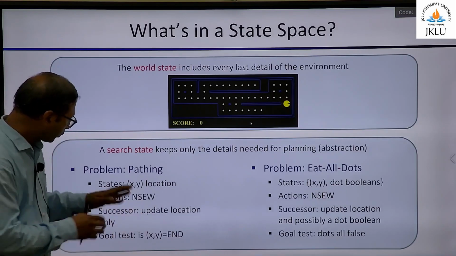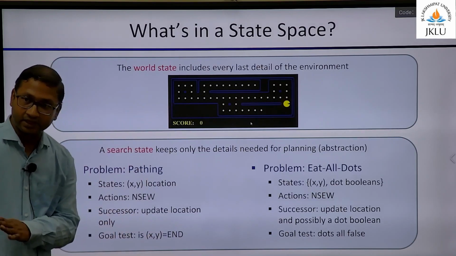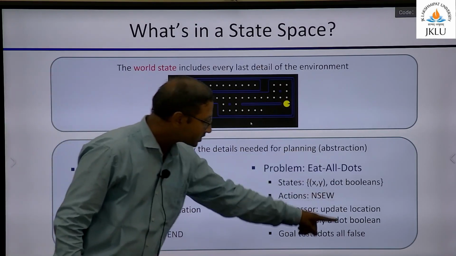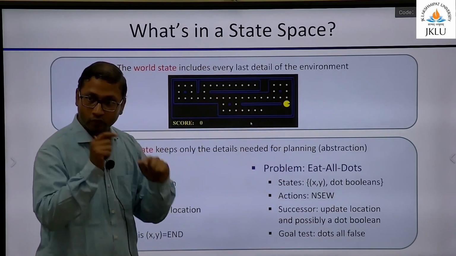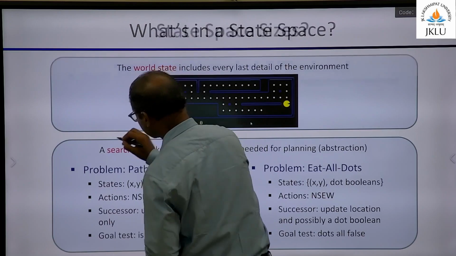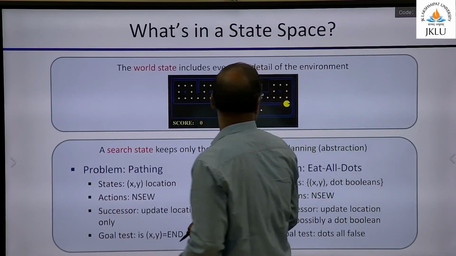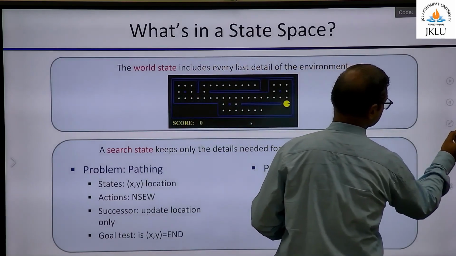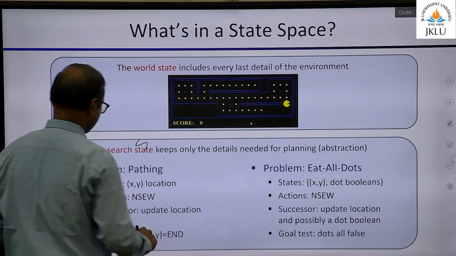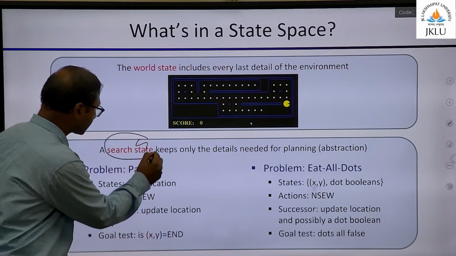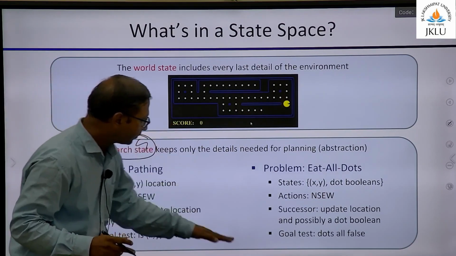You are going from some given state, some given position, to some other given position, right? In this case, what is the problem? You are supposed to eat all the dots. So the way you define your search state is different. It will depend on which problem you are solving, and that way we'll do things.